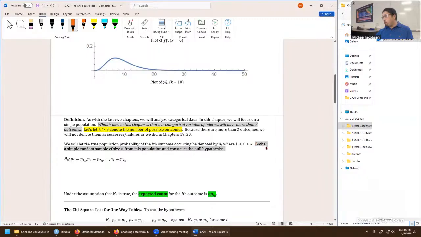And after we gather a random sample of size n from this population, we measure where people fall into each one of these categories and check this null hypothesis here. So this is our standard, or let's say it differently, our general null hypothesis.